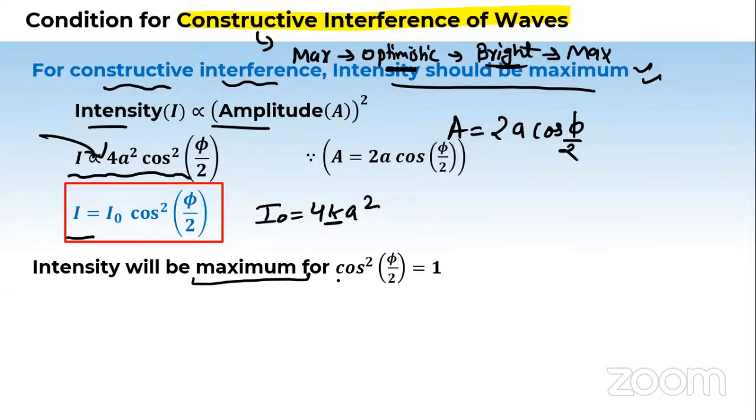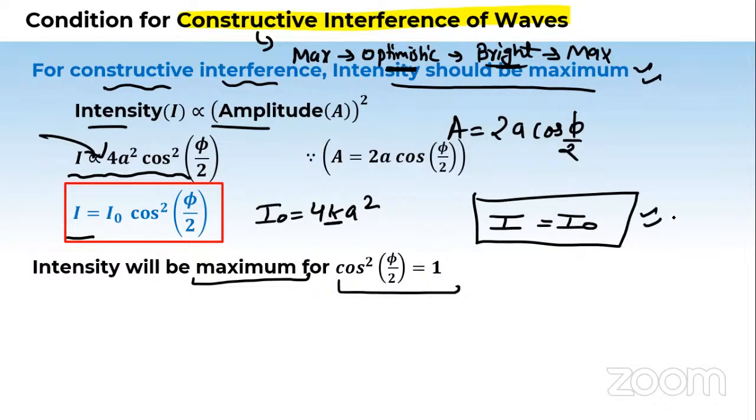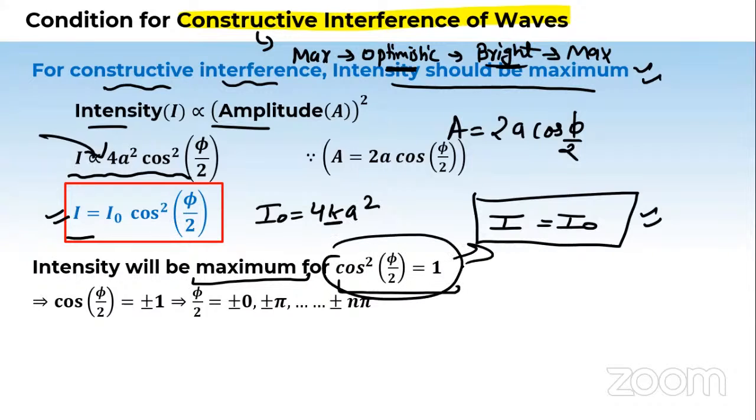Intensity will be maximum when cos²(φ/2) equals 1, so I equals I₀. If I want this maximum intensity, cos²(φ/2) must be 1.